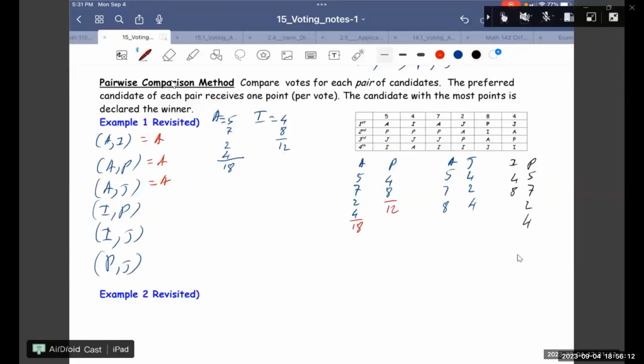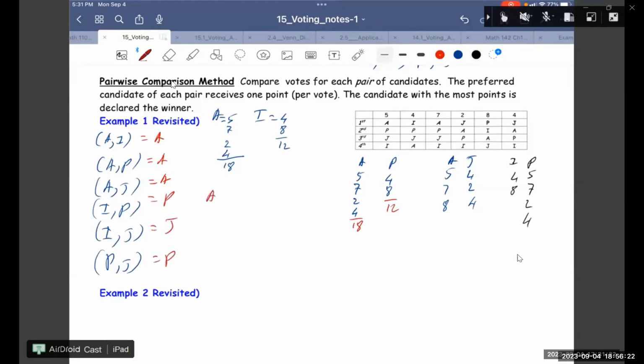So this one is the P. And we continue for this, and this one is J, and this one is P. So we have A is 1, 2, 3, and P is 1, J is 1, P is 2.